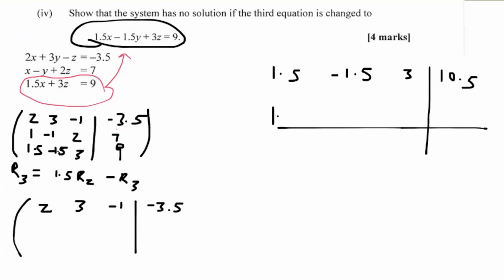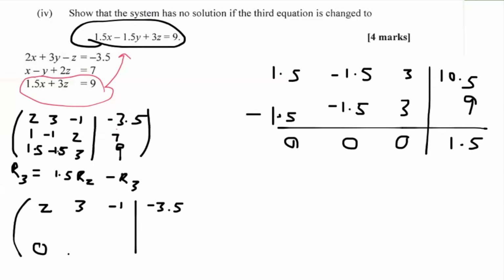Now, the next step is to subtract row 3 from this. So I have my row 3, which is 1.5, negative 1.5, 3, and 9. Subtracting, that gives me 0. That will give me 0. And 3 minus 3, 0. 10.5 minus 9, that will give me 1.5.